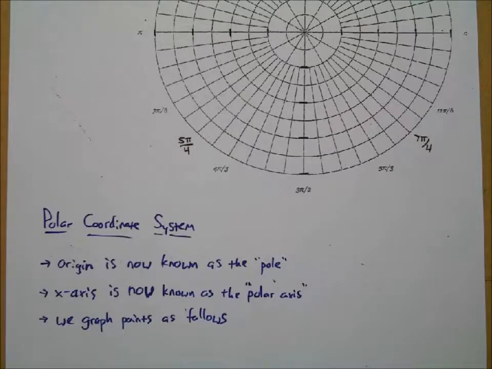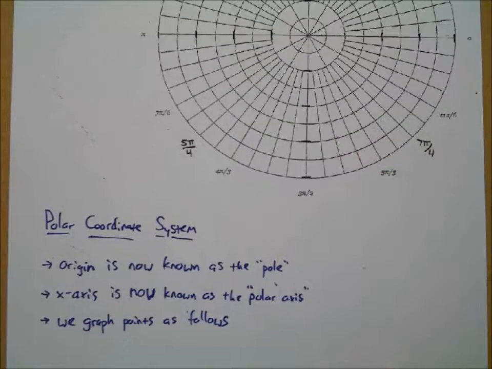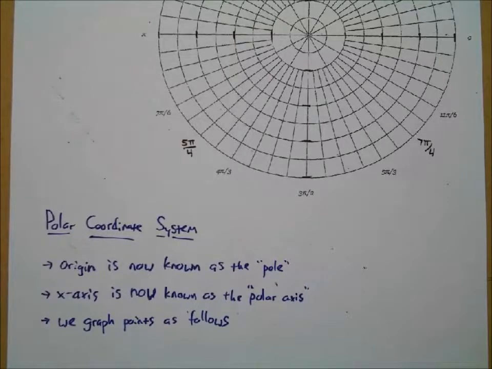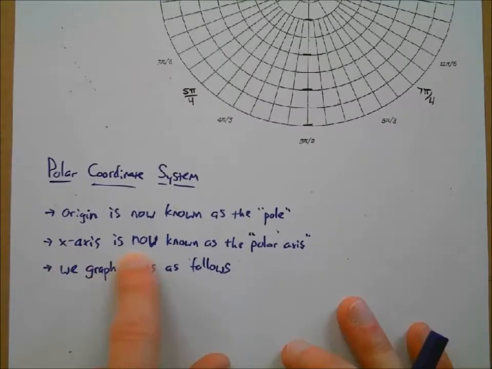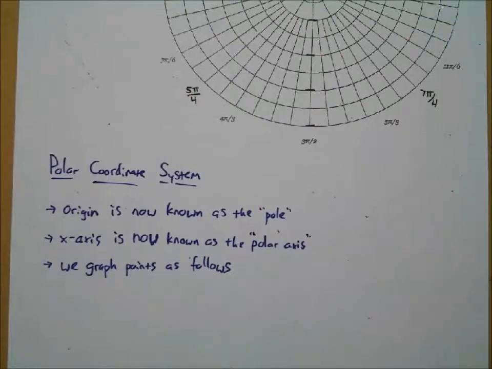Okay, so again, polar coordinate system, right? We kind of change it up. Instead of the origin, we now call that the pole. Instead of the x-axis, we now call that the polar axis, and it's again related to the Earth, right?